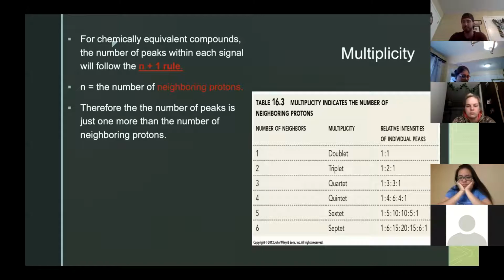It shows how the peaks will appear if you have a doublet, triplet, and so on. So the relative intensities: a doublet, 1 and 1, therefore they're going to be the same height. A triplet, like you saw before, you're going to have a 1, 2, 1, where the middle one is taller because it's a higher intensity, and so on. So you can look at this chart and see how they're going to appear on the graph or on the spectrum.